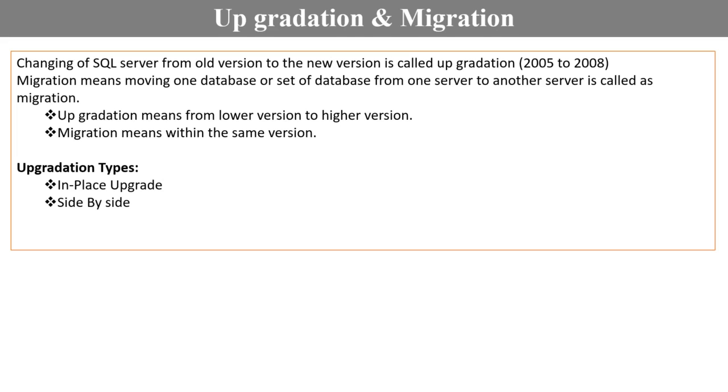When we go to 2017, Microsoft used a different platform. Before 2017 we had only one platform, Windows, where you could install SQL only on top of Windows servers. But in 2017 we have the Linux flavor as well, where you can install SQL Server on a Linux box.